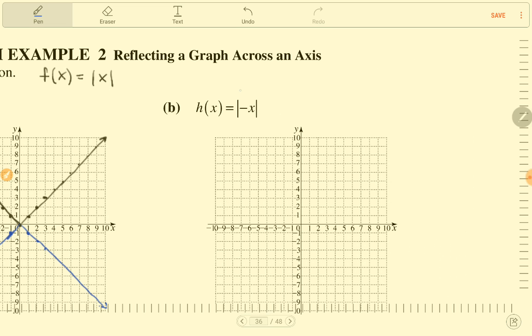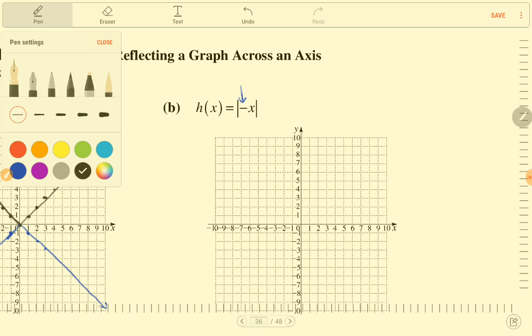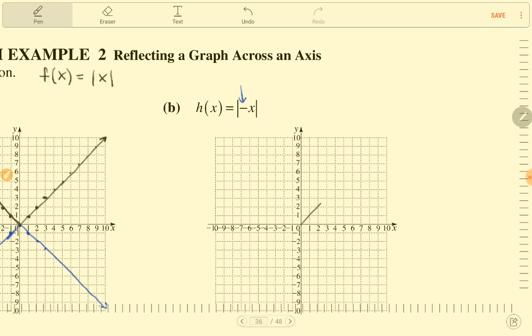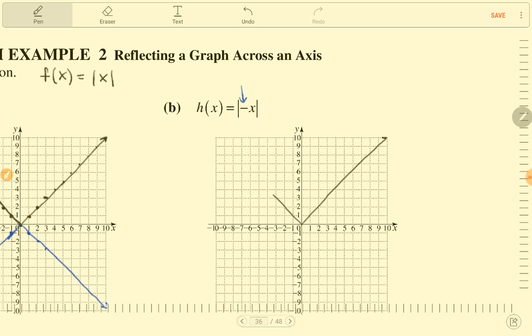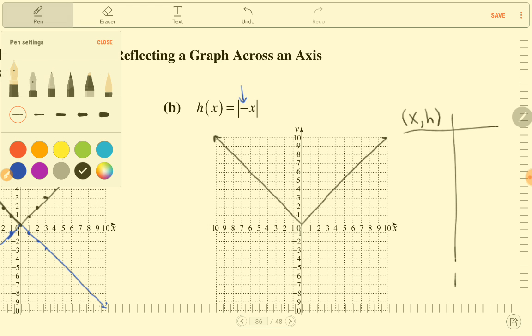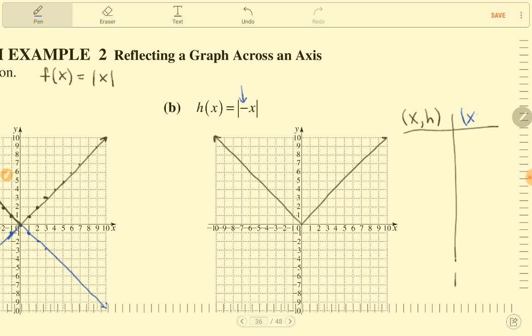Now for this example, the negative is actually on the inside of the absolute value. So let's see what happens with this one. So the original, we know, like that, and we had ordered pairs, x and h, and we'll compare that to the original x and f, where f is still the original parent function.